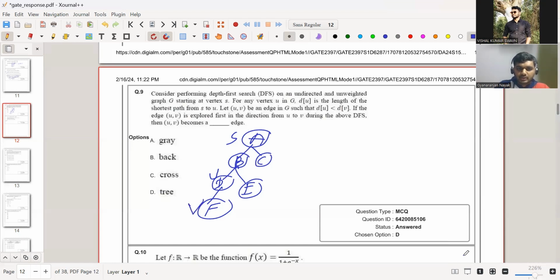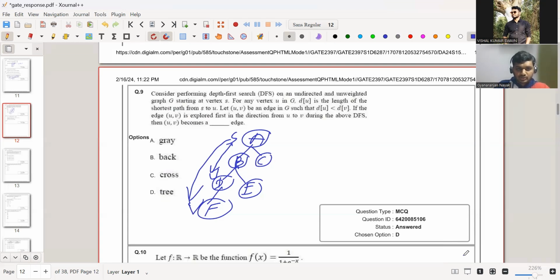So the length from S to U is less than from S to V. If the edge UV is explored first in the direction from U to V during the above DFS, then UV becomes a dash edge. So fill in the blanks.